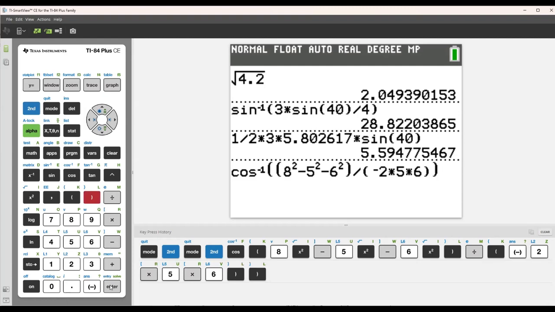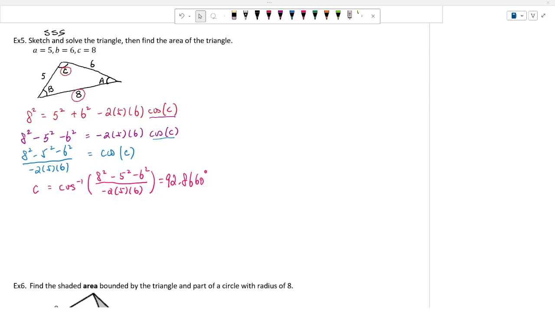And then you will find out that the angle that we have is 92.8660 degrees.